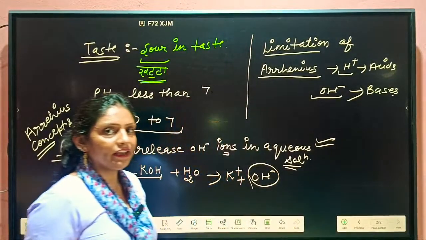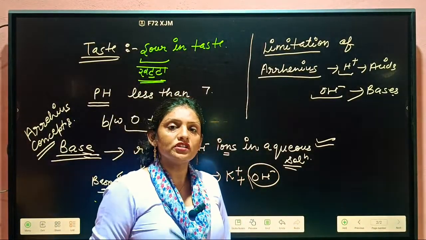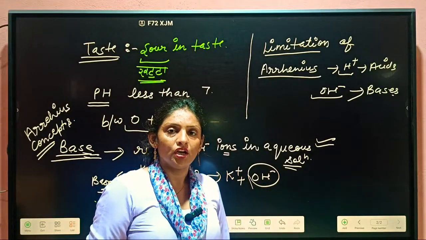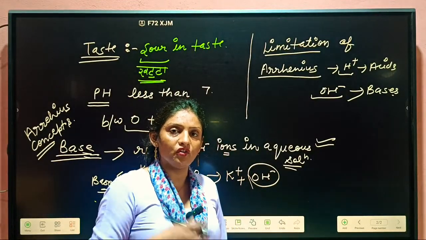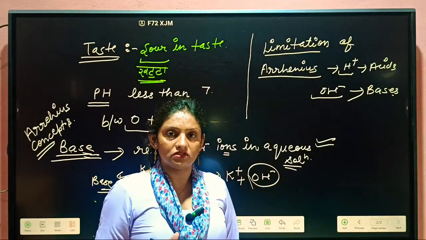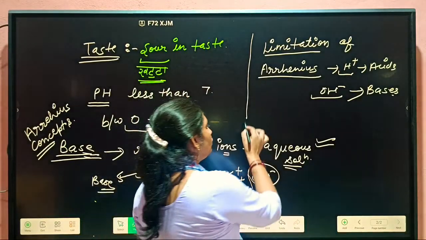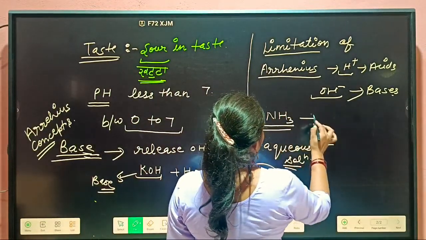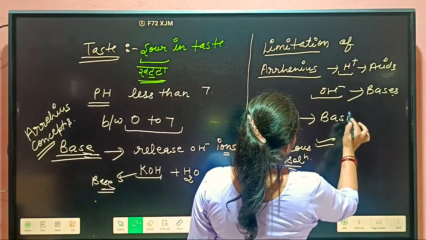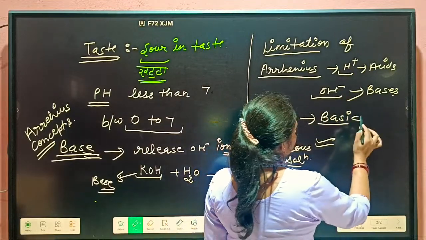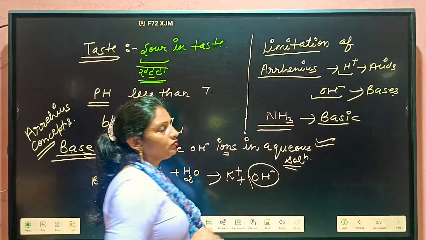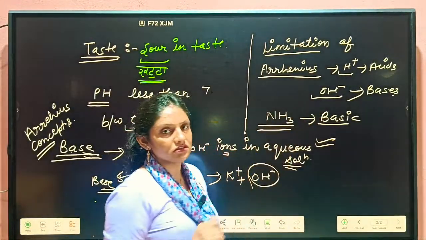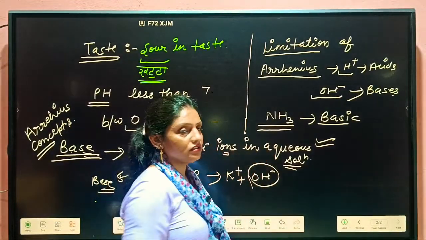But there are examples of some substances which do not have H positive but are acidic, and which do not have OH negative ions to release but are bases. Like ammonia, NH3, which is basic in nature. But you can see the formula of NH3 does not have OH negative ions. So from where can it release?